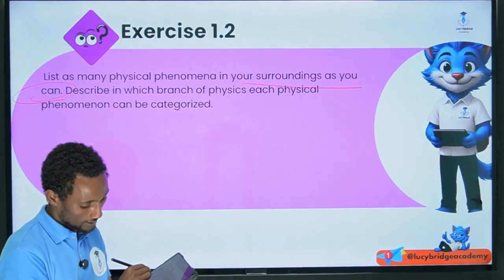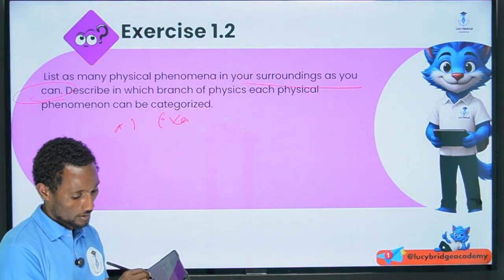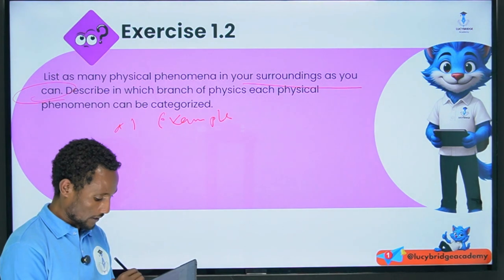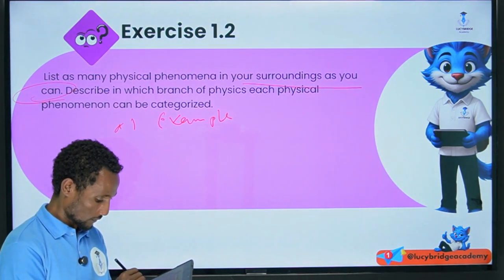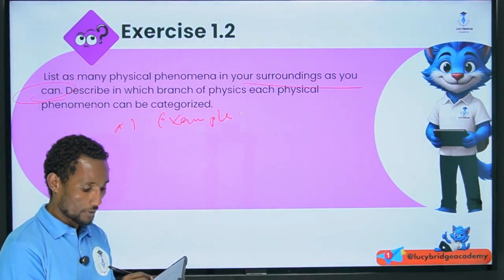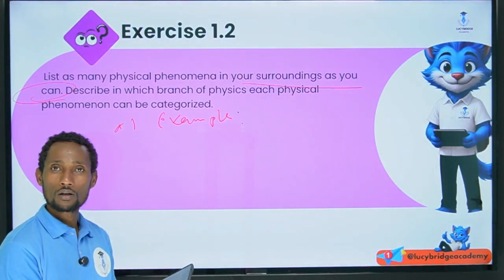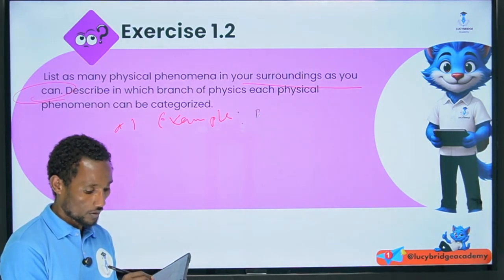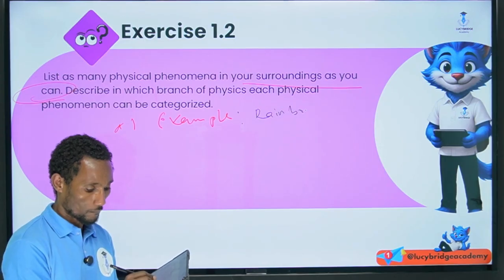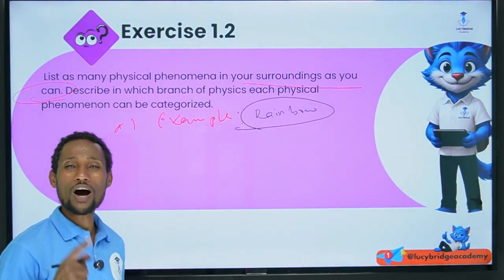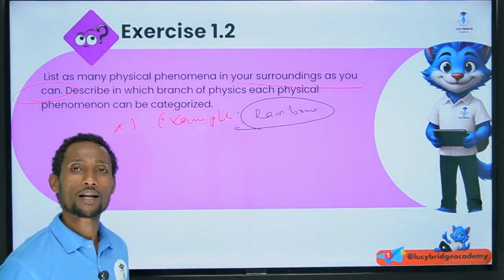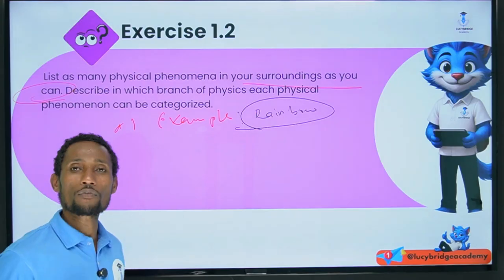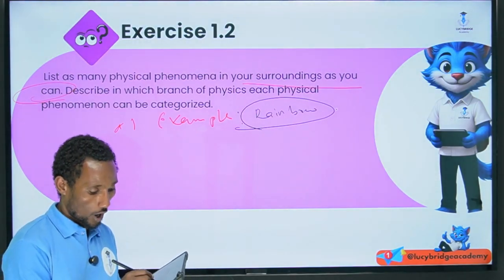As an example, a rainbow, which is a natural phenomenon created by the light effect, the refraction of light, having to do with optics.